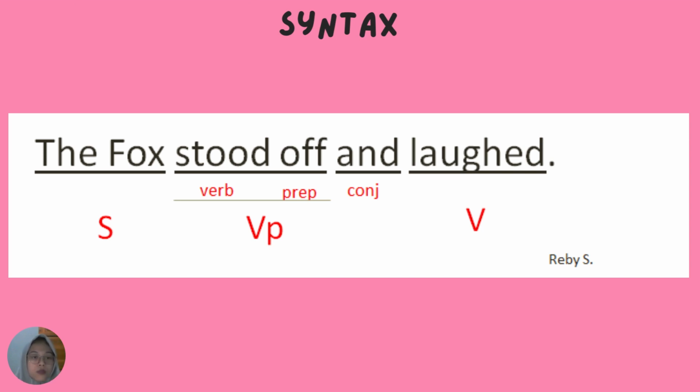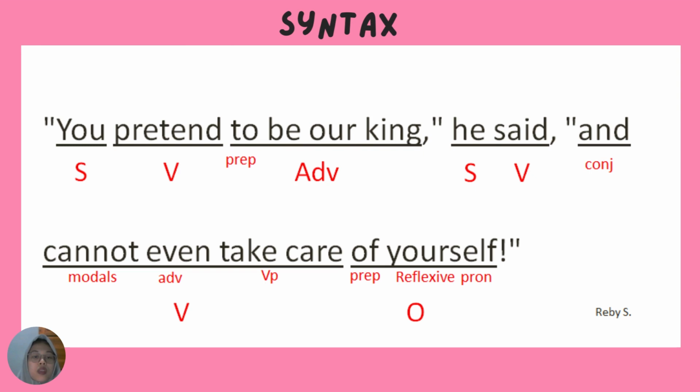The fox stood off and laughed. The fox as subject, stood off, laughed as verb, and its conjunction. You pretend to be our king, he said, and cannot even take care of yourself. You as subject, pretend as verb, to preposition, to be our king, this is adverb.